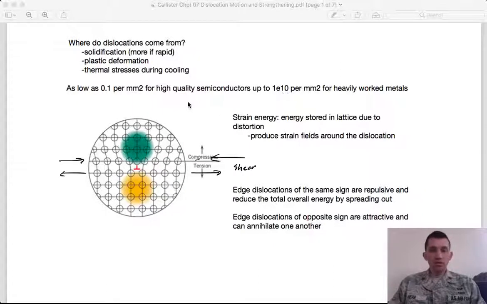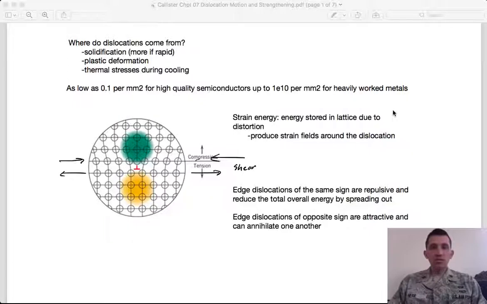broadly. I mentioned a minute ago high quality semiconductors having intentionally very low numbers of dislocations, very high crystalline order, and so you might have as low as 0.1 to 1 dislocations per square millimeter on the surface of a semiconductor or in a plane, which, when you're thinking about atomic dimensions, is a very low number, or as high as 1 times 10 to the 10th in the same area.